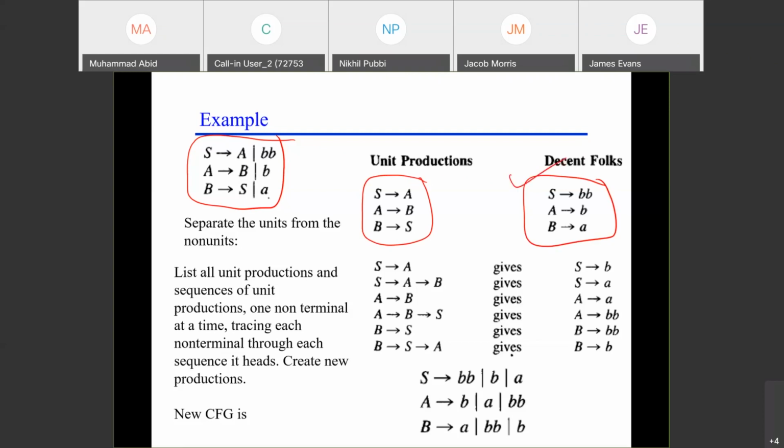So now we want to see what is the direct or indirect impact of these unit production rules in your grammar. What does it mean? If you have these unit productions, what are the possible words you can generate directly or indirectly by these production rules?